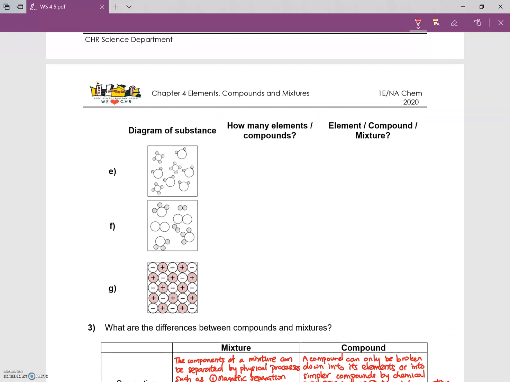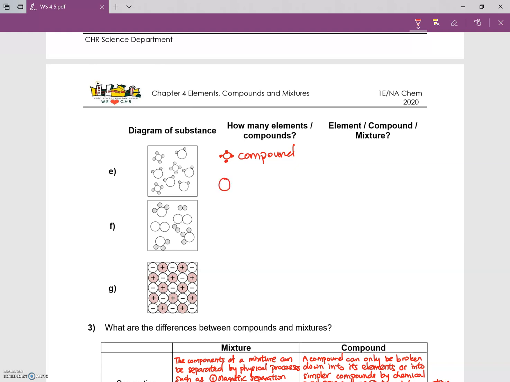Let's look at part E. You will observe that there are two different types of pattern. The first one is a small circle with four shaded circles. It's made of two different types of atoms chemically combined together, so this is a compound.